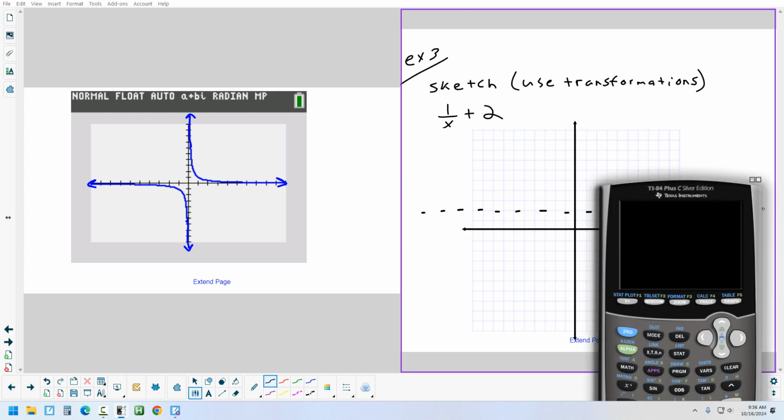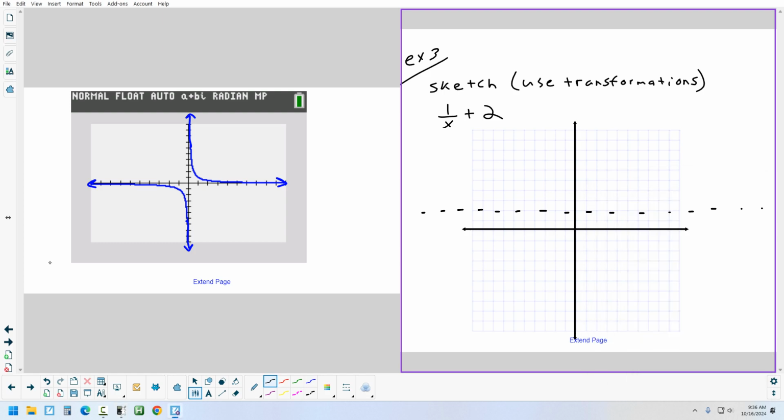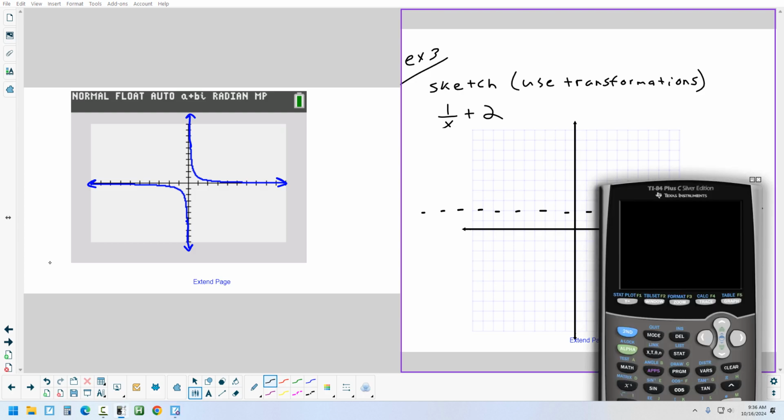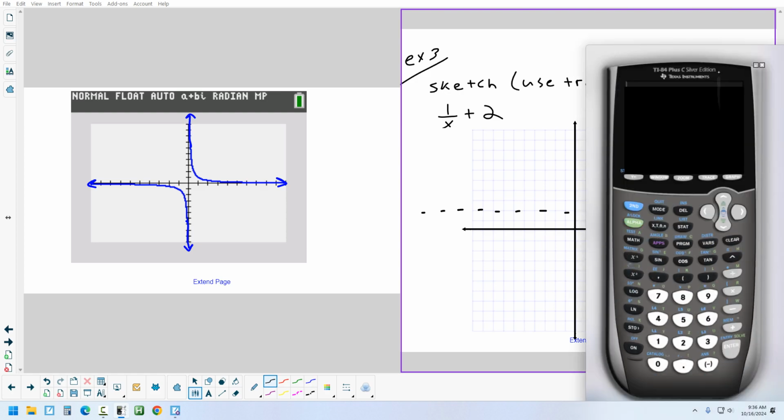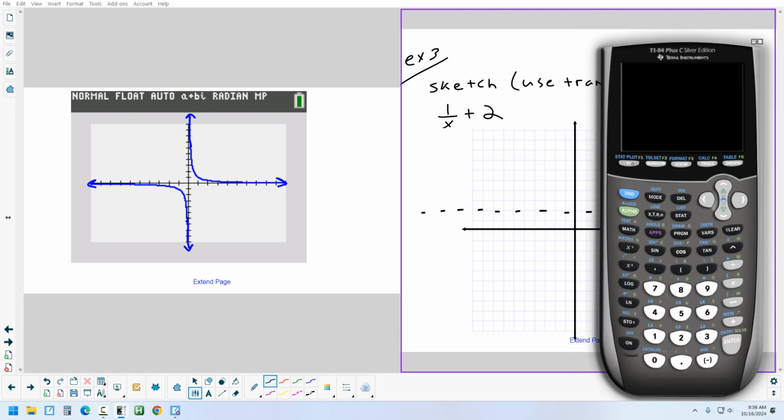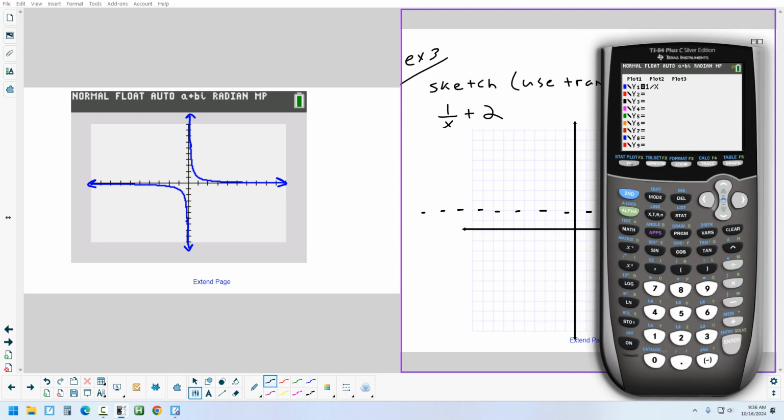And you can plug in some different values and see what happens. But you can't plug in 0, because that would cause you to divide by 0. So I would pick values like 1, 3, 5, 10. Plug them in and see what you get and plot the points. That's the easiest way to do it.